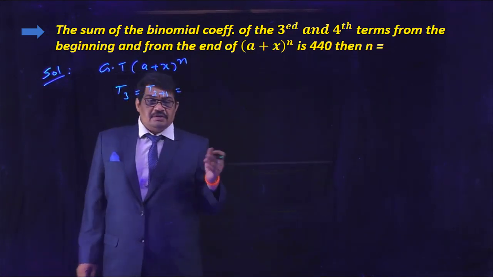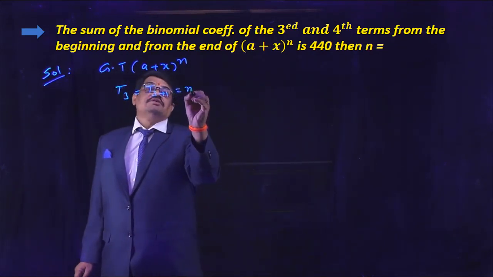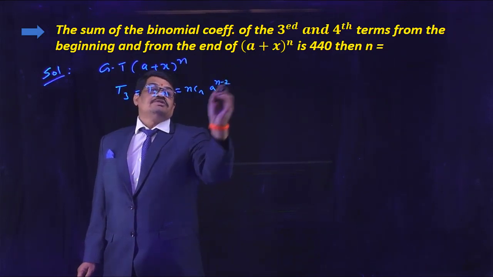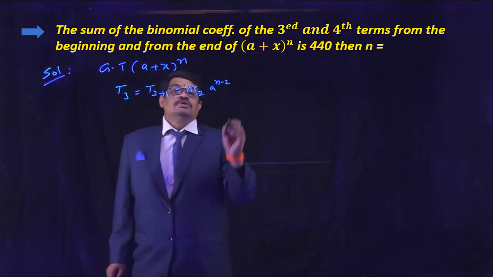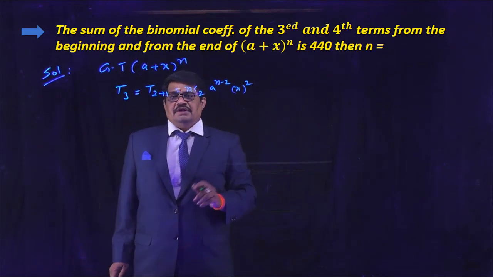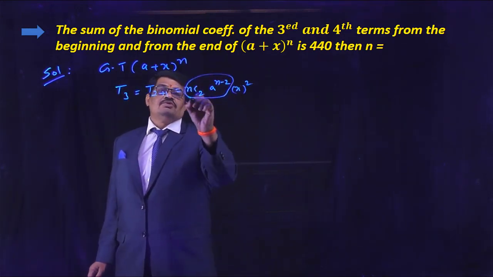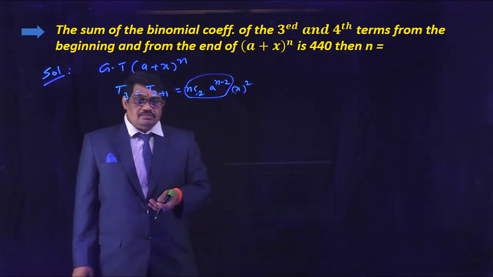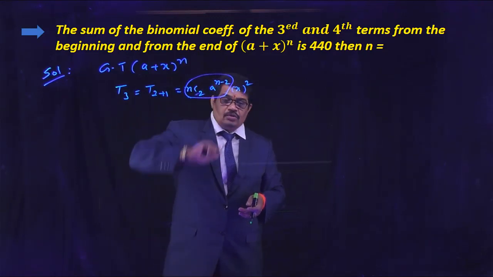We are writing the third term, that is nCr a to the power of n minus r, x to the power of r. What is r here? r is 2. What is the coefficient here? nC2, a to the power n minus 2.